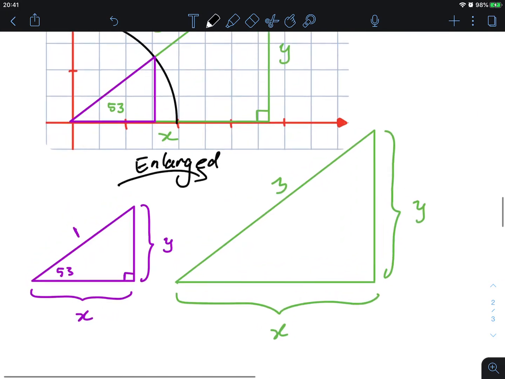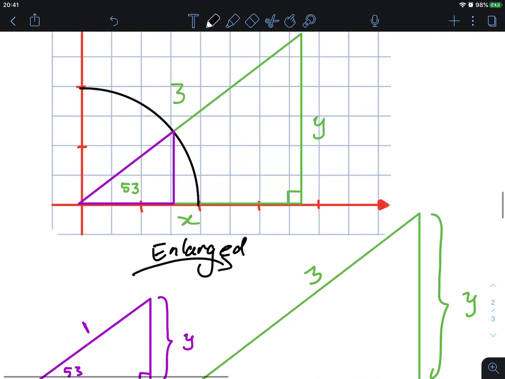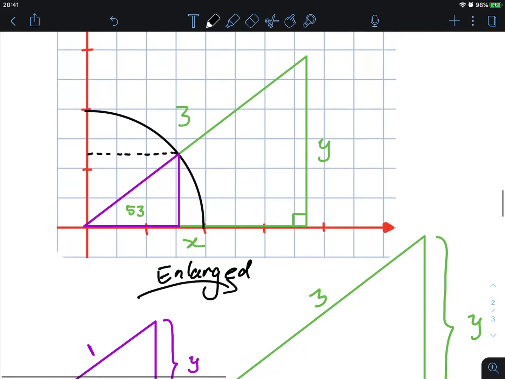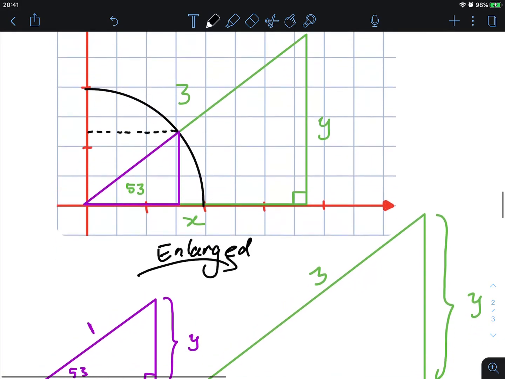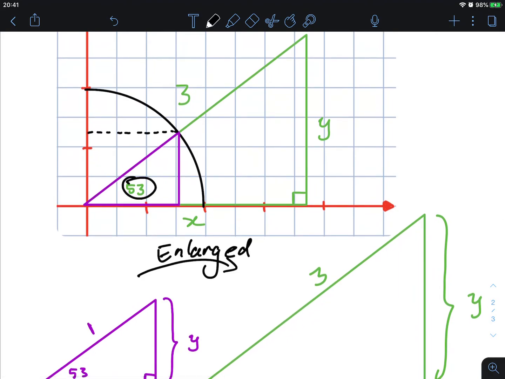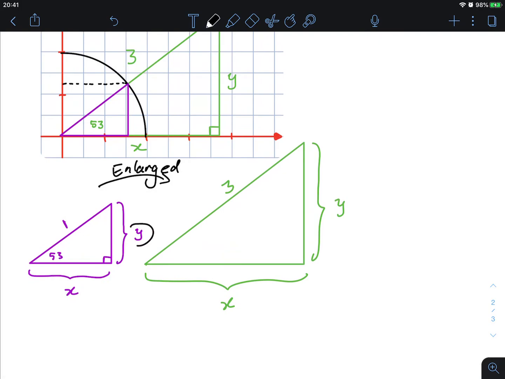But actually we do know what this length is, because that corresponds to that y value in the unit circle. 53 is not drawn accurately. 53 would actually be about here, but I hope you understand the point that this length here, this y value here, is sine of 53.